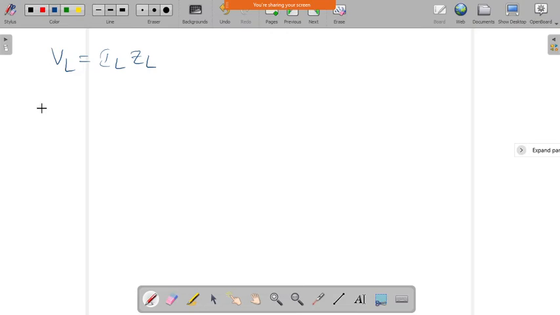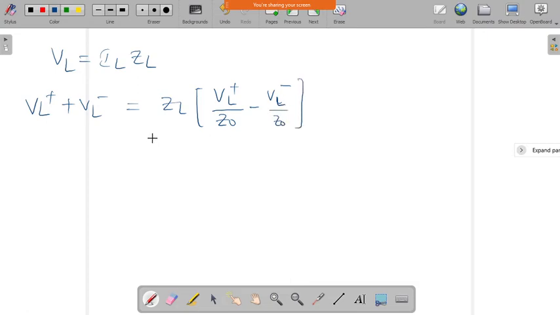Now this VL we can represent again in terms of the reflected voltage and incident voltage, so ZL into IL we can write as VL plus divided by Z0 minus VL minus divided by Z0.